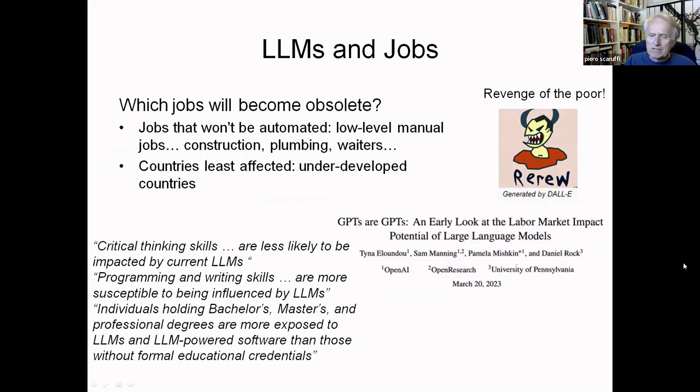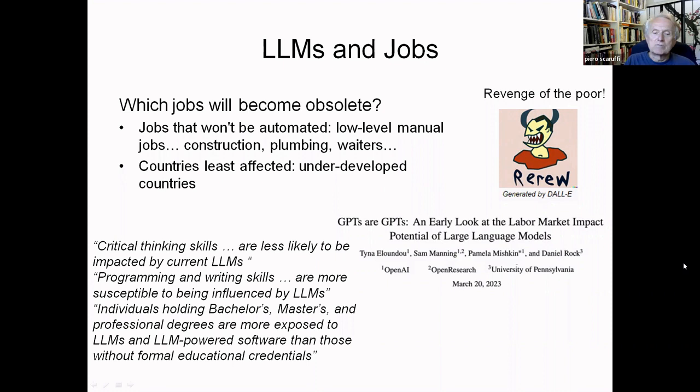There's another report that's very interesting. GPTs are GPTs: an early look at the labor market impact. University of Pennsylvania, this is also very recent. Very interesting because it shows that some of the jobs that could be automated easily by language models are the high-level jobs, actually.